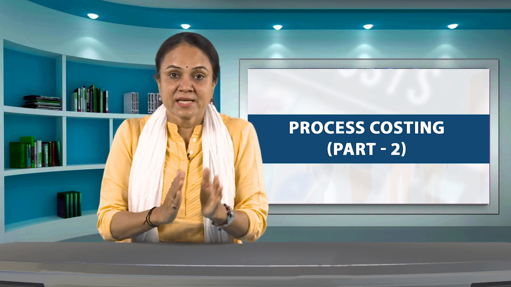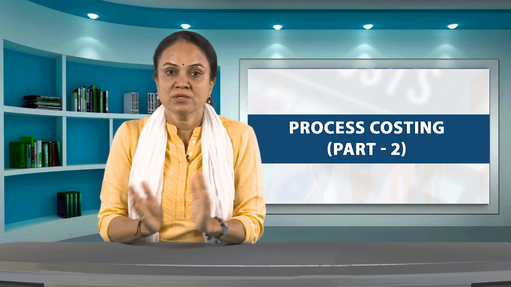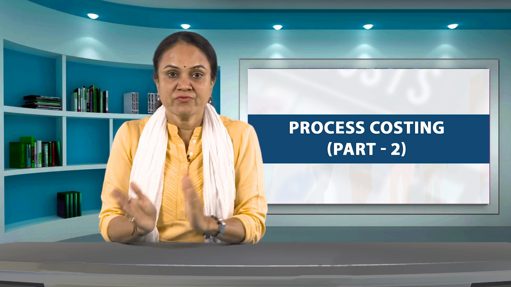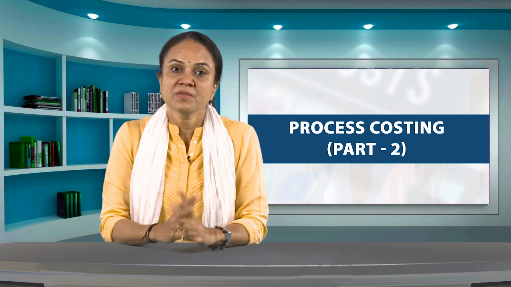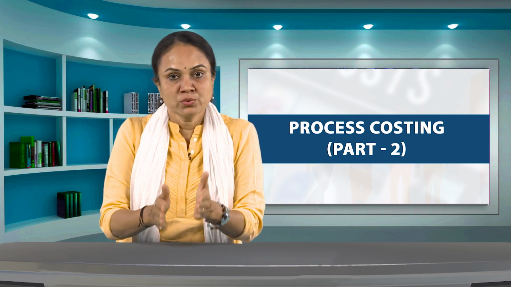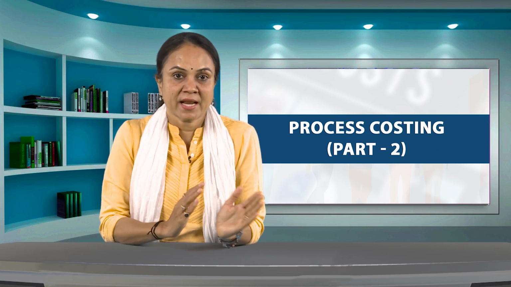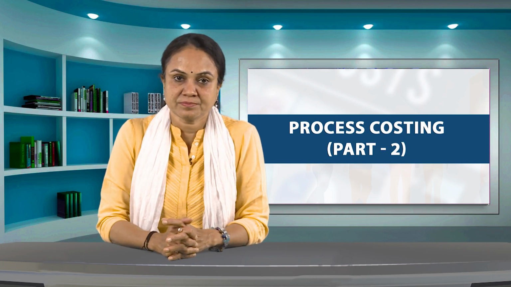Second, the scrap value of abnormal loss is used to reduce the cost of abnormal loss. Thus, the loss of abnormal loss debited to profit and loss account will be reduced to that extent. The entry is to debit scrap account and credit abnormal loss account.